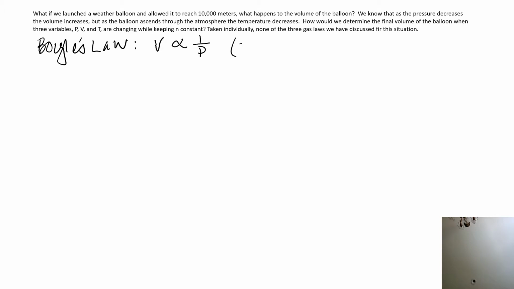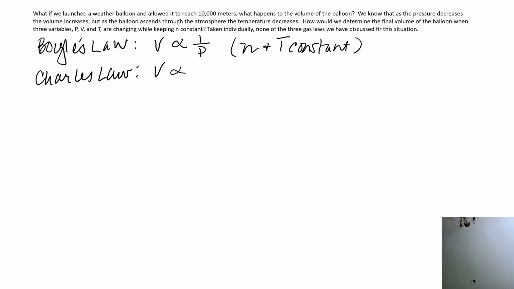And for Boyle's law, N and T are constant. For Charles' law, there's a direct relationship between volume and temperature, where N and P are constant.